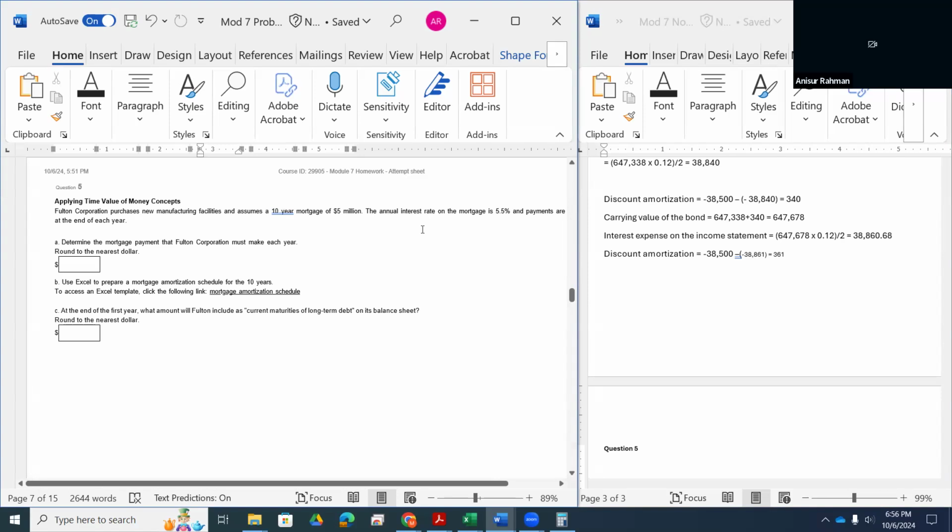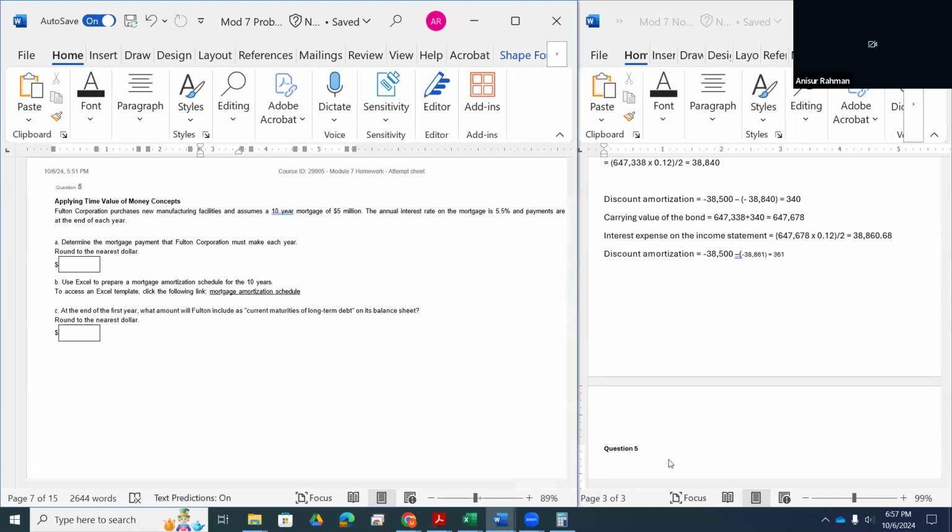The annual interest rate on the mortgage is 5.5%. Payments are at the end of each year. Determine the mortgage payment that Fulton Corporation must make each year.